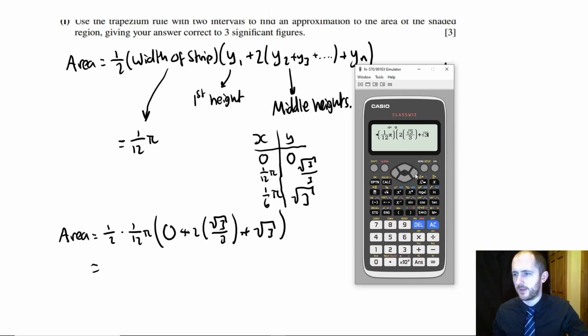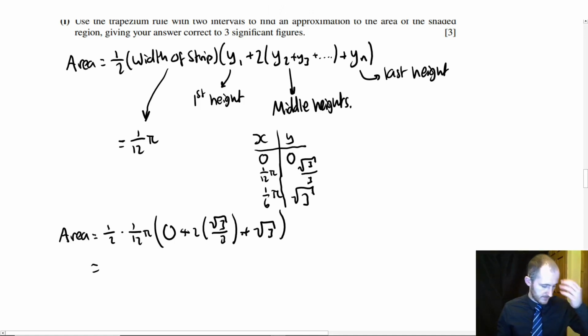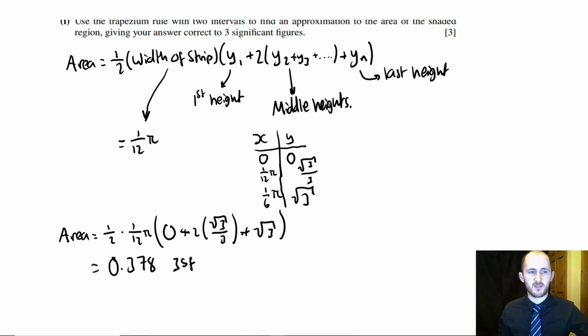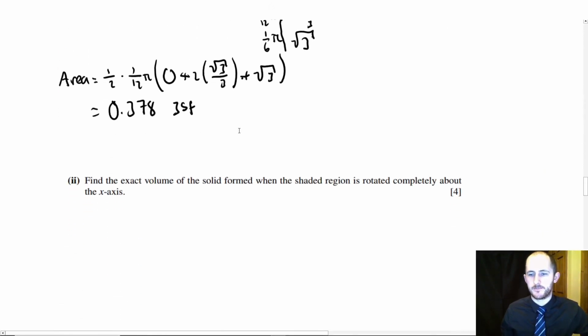So again, you're going to get a pretty ugly answer for this one, and that should be it. 0.378, I'm going to call that, to 3 significant figures. And that would be it. Again, it's a 3-mark question, not the easiest one to do in the world, but hopefully that makes sense.